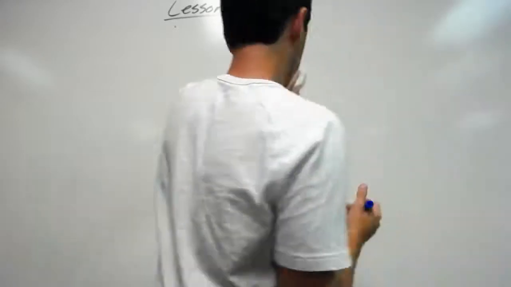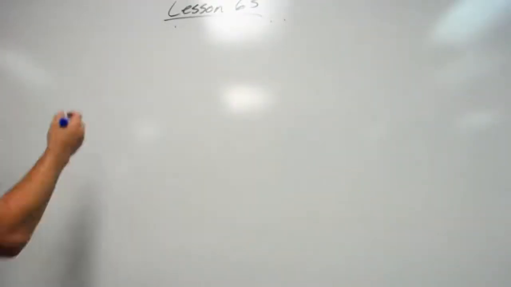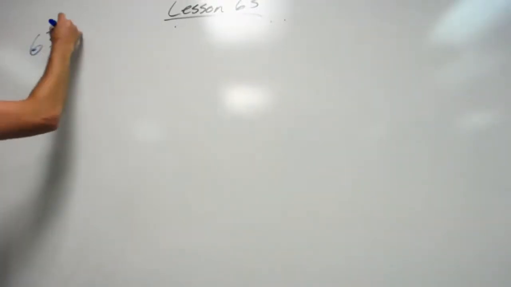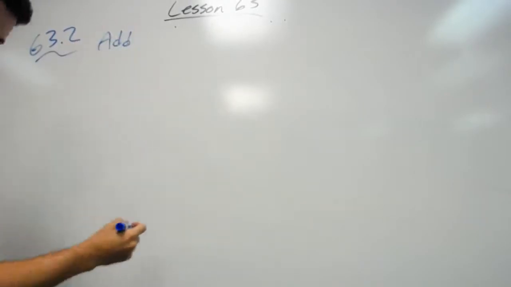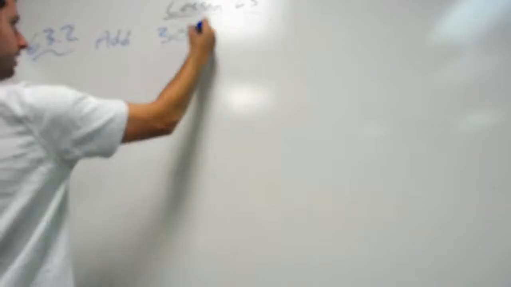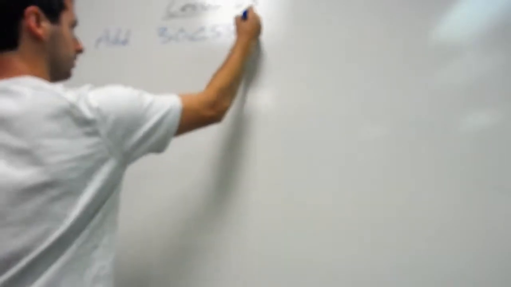But the next one says, in example 63.2, to add vectors 30 at 55 degrees and 10 at 170.